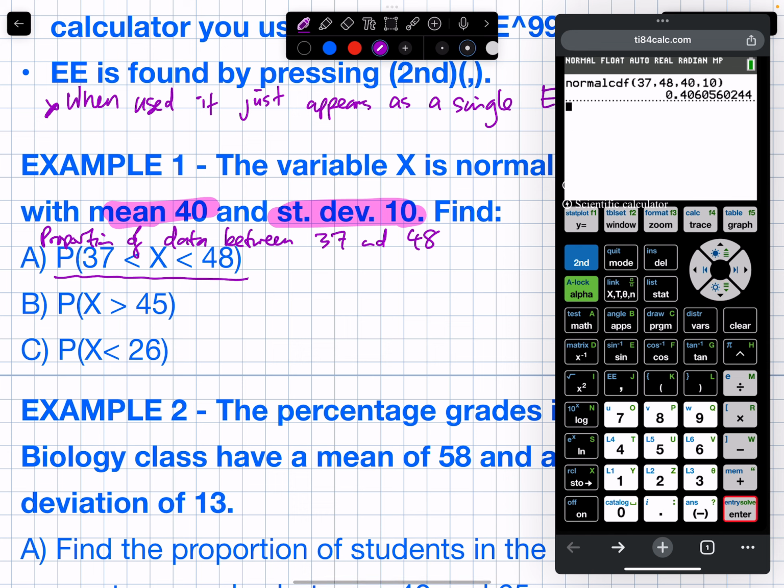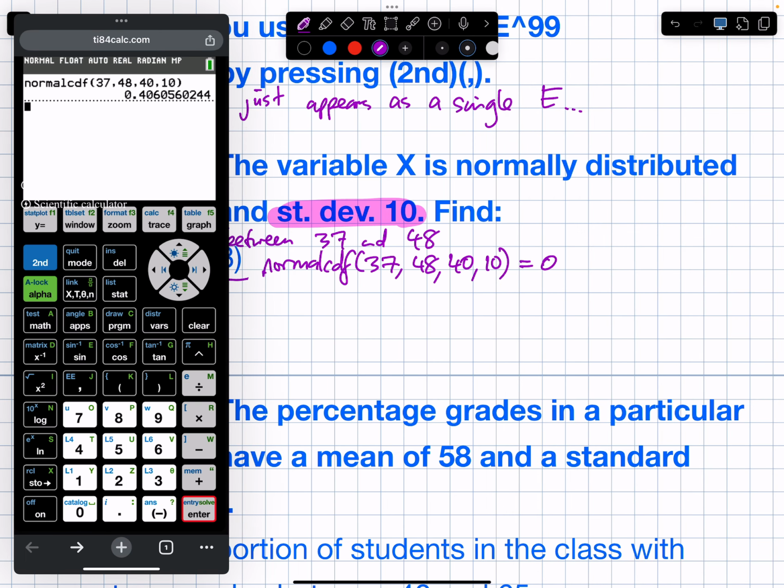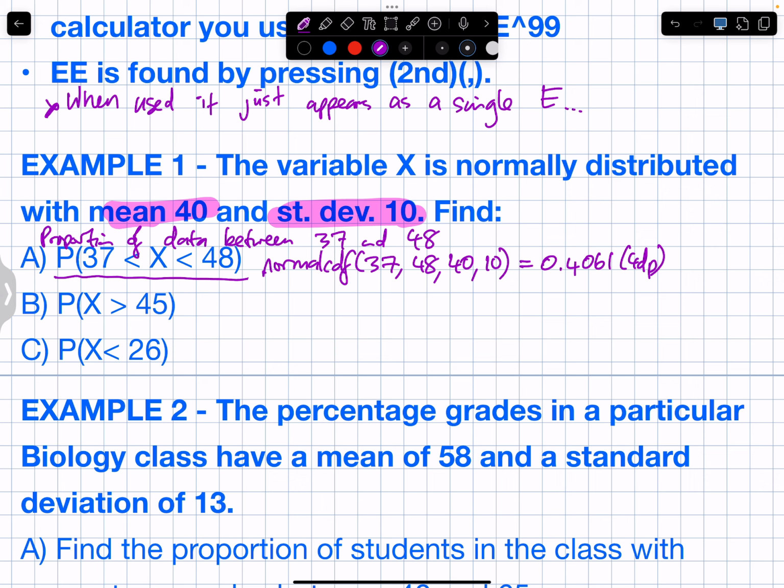So your answer to this is how you should write your answers. Normal CDF. What did I put in for lower? 37. Upper was 48. Mean was 40. Standard deviation was 10. And that is telling me equals 0.4061 to 4 dp. What would that decimal be as a percentage?